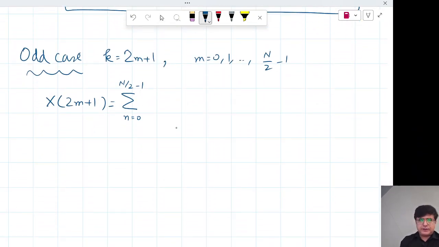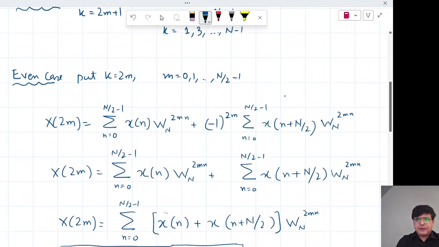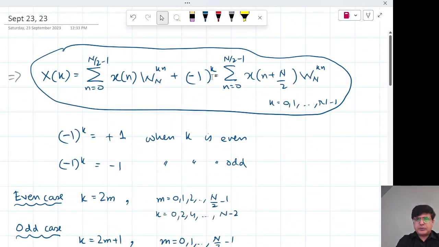In the original one you had W subscript N to the power kn, so in place of kn you just write 2m plus 1 times n. Then you have plus minus 1 to the power k. Here you had minus 1 to the power k, and then you have this thing.